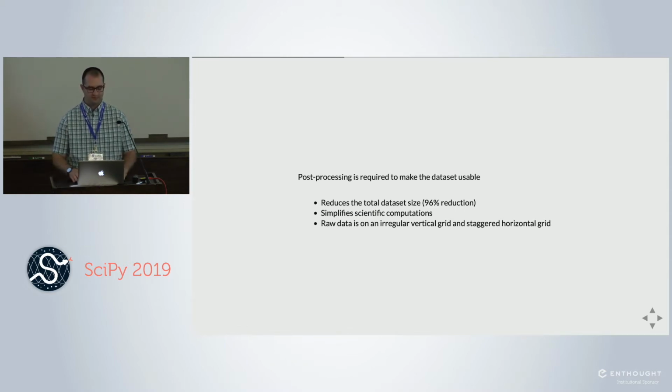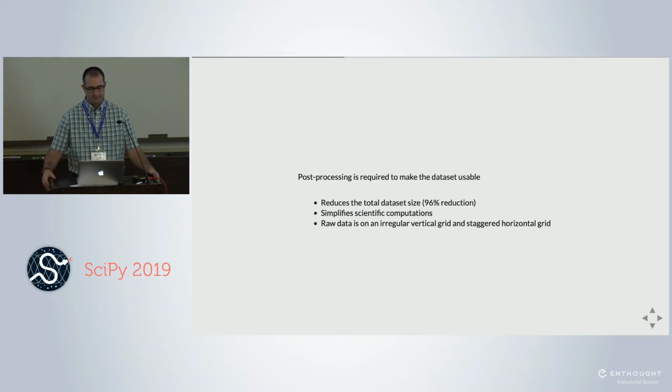Plus, as was mentioned in other talks, the output of an atmospheric model is often on a staggered grid, and that's not necessarily useful for scientific analysis until it's been destaggered and put on a common grid.